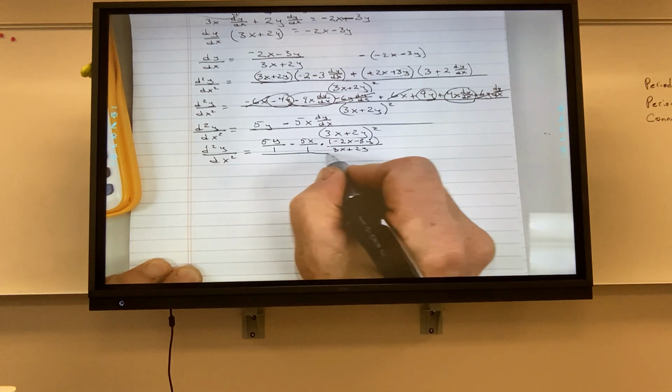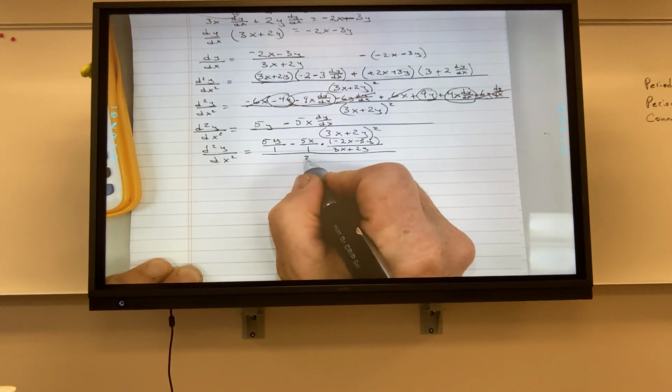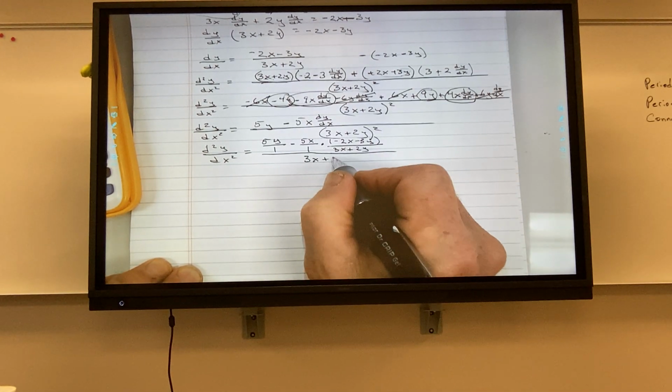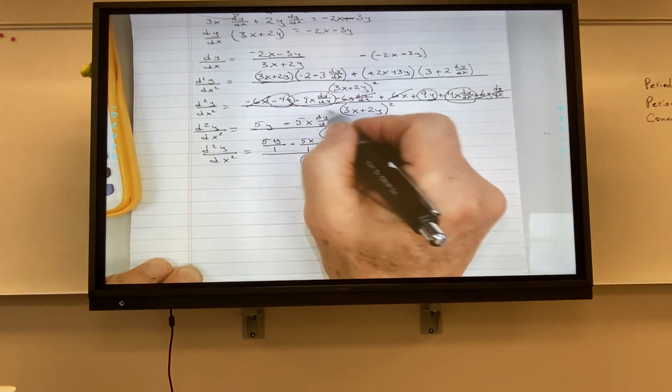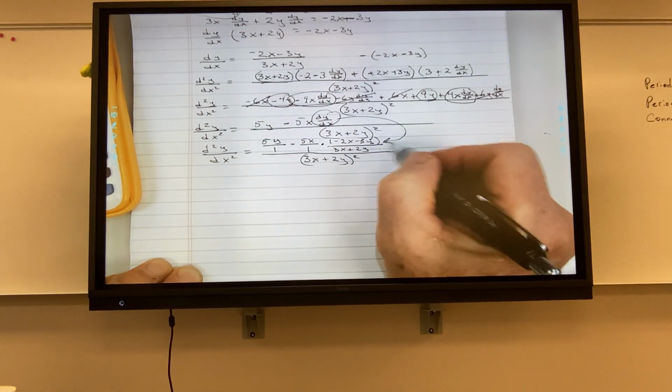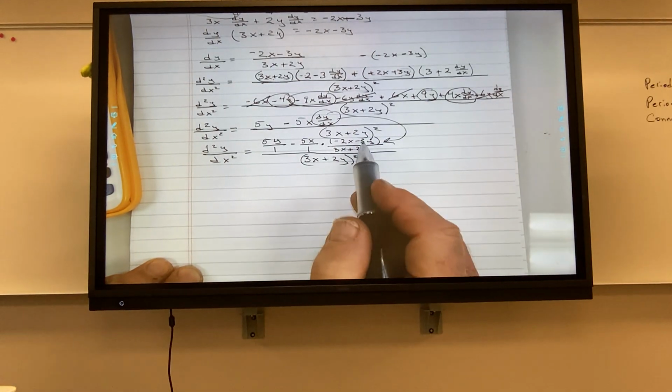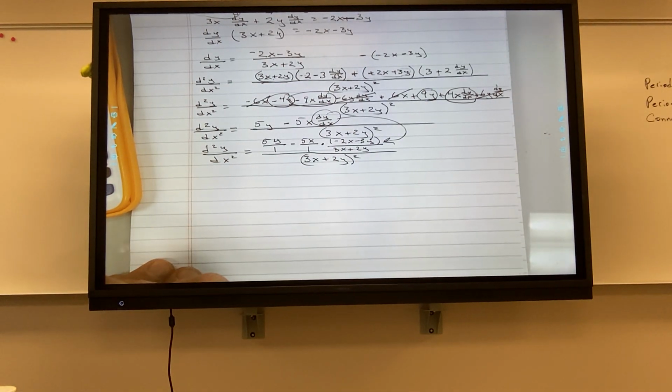All of that is over, I'm still working on getting the x derivative, plus 2y squared. So all I did was take this and put it here. And since that's a fraction, I wrote those other ones as a fraction. Okay, so I'm at that.